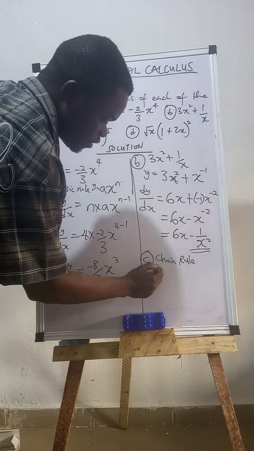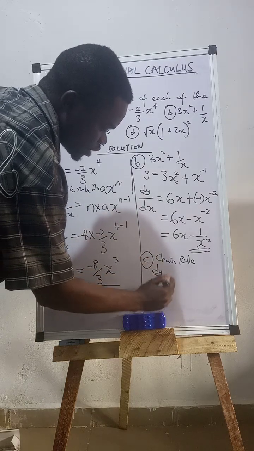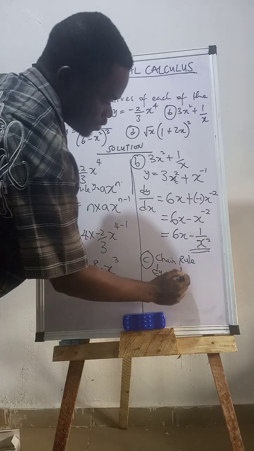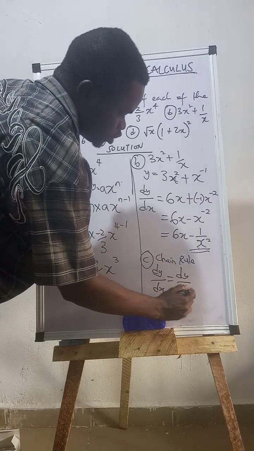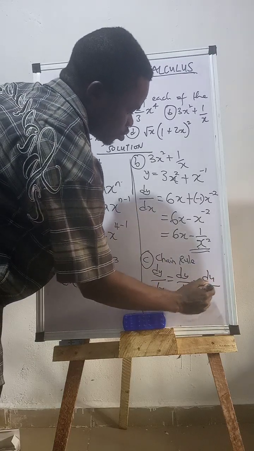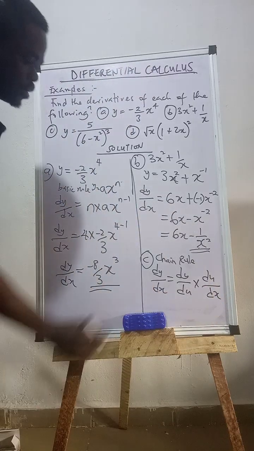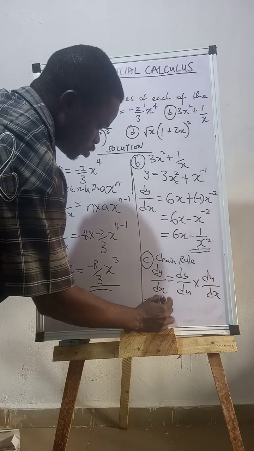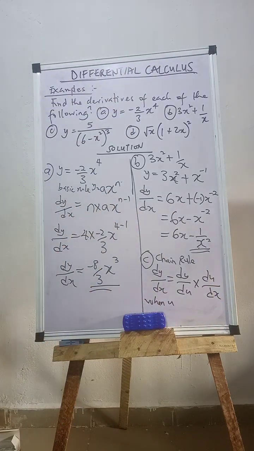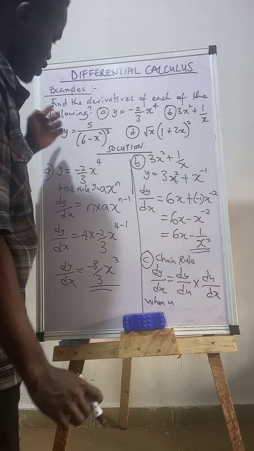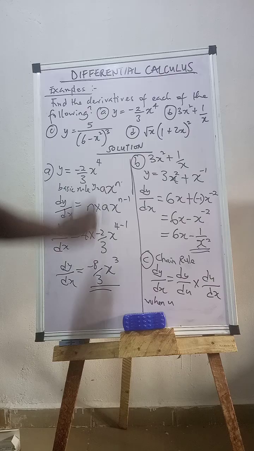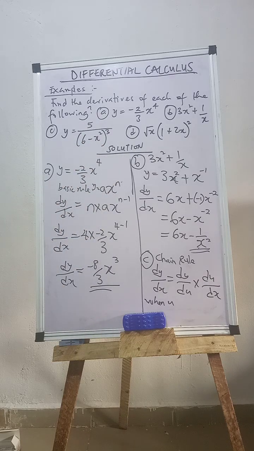Whatever value we have, dy over dx of it is dy over du times du over dx, where u is a value that is made up so that it makes dy easier to resolve.